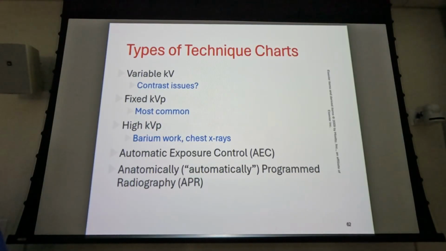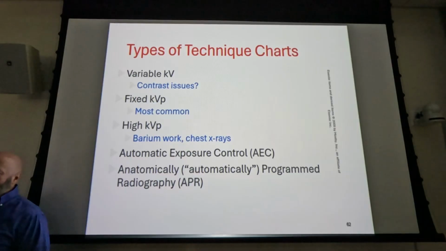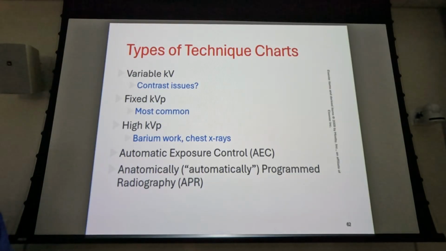So in that same vein, what you may hear is that the variable kVp chart is the type of technique chart that would affect contrast. Okay, and the reason it does is because you use just enough kVp to penetrate, and then you don't use any higher kVp. The mAs is relatively set. So if you use just enough to penetrate, what controls penetration? kVp, right.